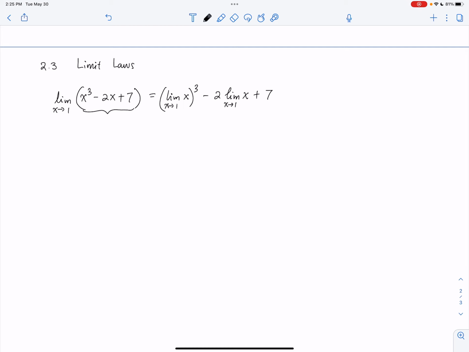The limit of 7 is always 7, so we don't need to write down the limit. We do the limit for each component, and that one is 1, that one is also 1, so you just take 1 cubed minus 2 times 1 plus 7. That's 1 minus 2 plus 7, which is equal to 6.